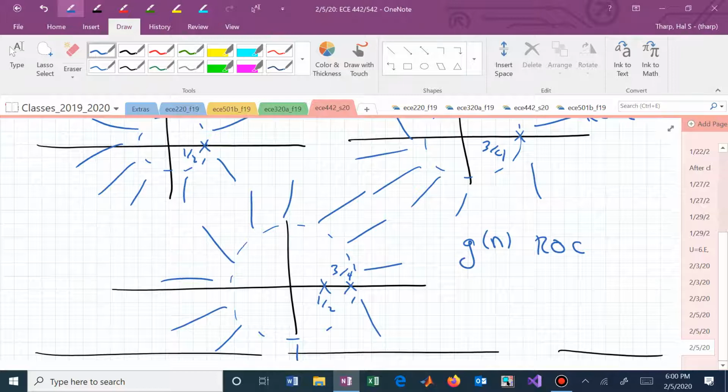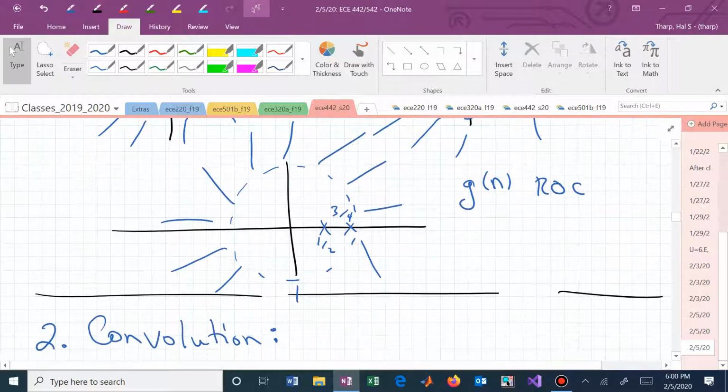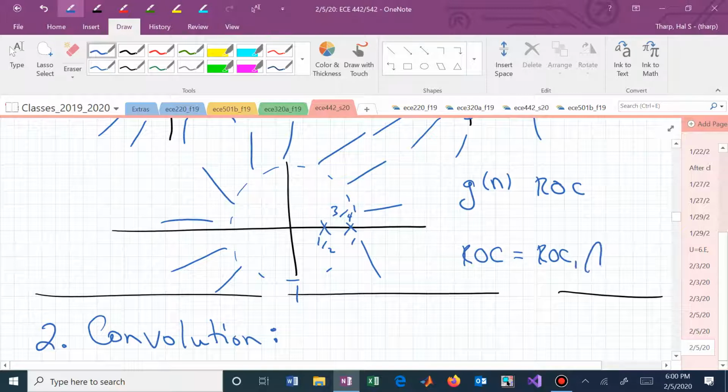So it's not always going to be the region of convergence getting bigger. Sometimes it will be smaller than one or both of the original sequences that you're combining. So in this case, your region of convergence is actually region of convergence 1 intersected with region of convergence 2.